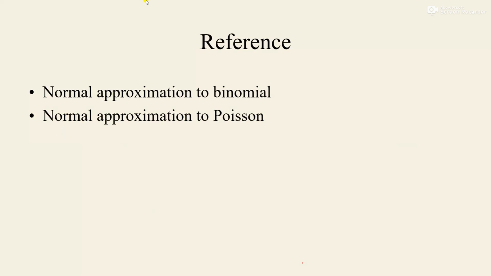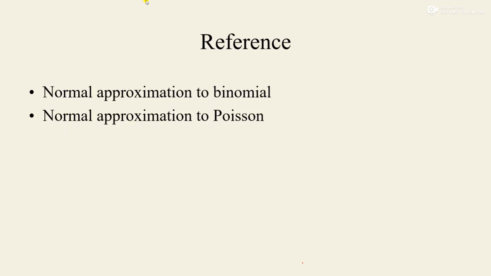Similarly, if you want to approximate the Poisson distribution to the normal distribution, then what will be the lambda value? These two things you have to work out, and how we can get the mu and sigma for the normal approximation, right? The binomial and Poisson are the two discrete distributions. So how can we calculate the discrete probabilities using the normal approximations? That should be the reference.